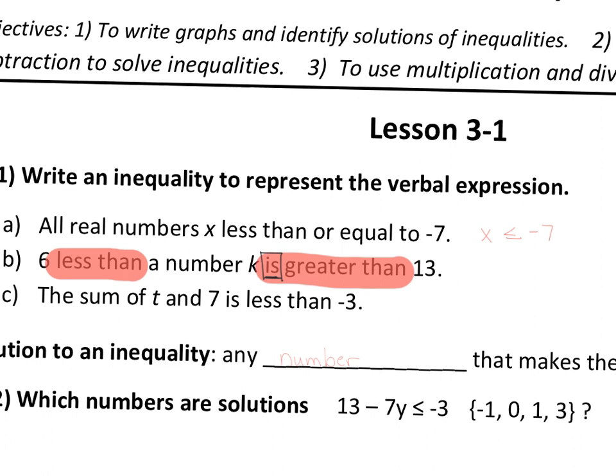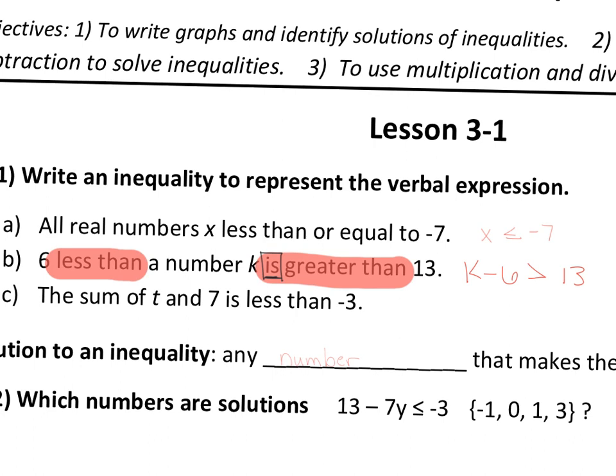So on this first part right here where it says 6 less than a number k, remember less than just means subtraction, but when we see that than, it means we've got to flip the order. So this is actually saying k minus 6 is greater than, okay, so that is means I have to put the inequality symbol there, 13.